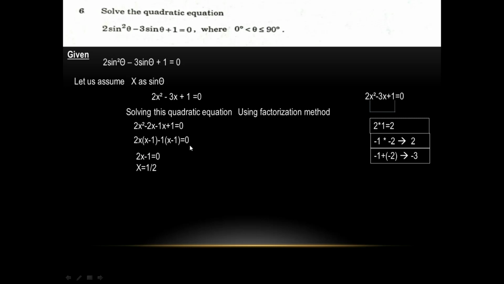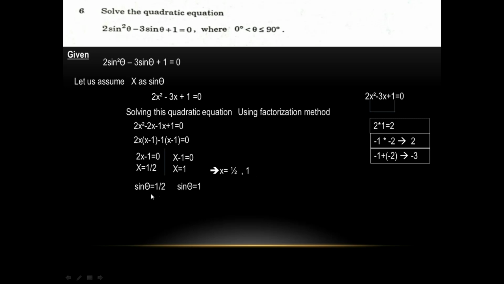From this, we can write 2x minus 1 is equal to 0 and x equal to 1 by 2. And we can write x minus 1 is equal to 0 and x is equal to 1. So we got x equal to 1 by 2, 1.